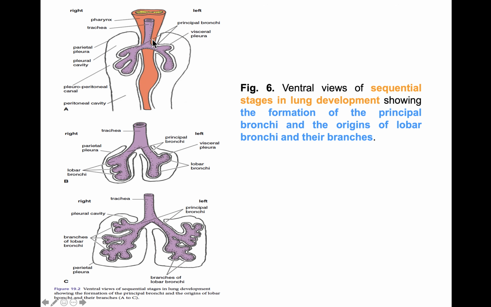We can see here again, this is the bronchial bud starting to divide into two branches or three branches, depending on whether it is the right or the left lung.